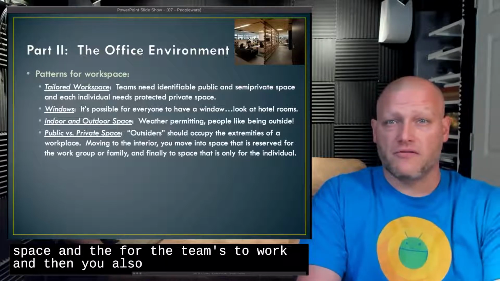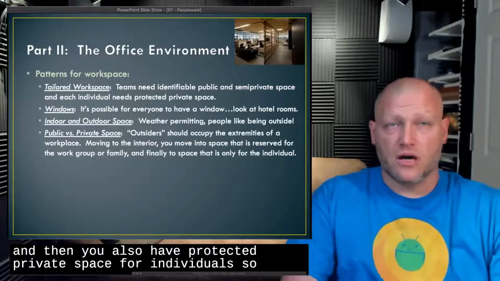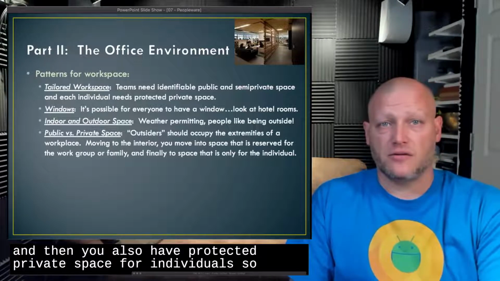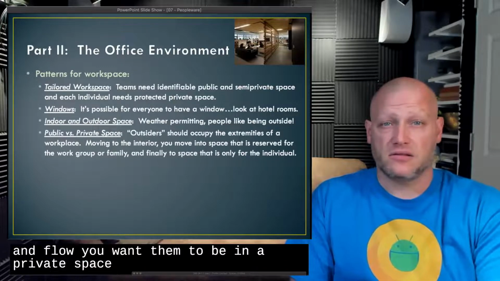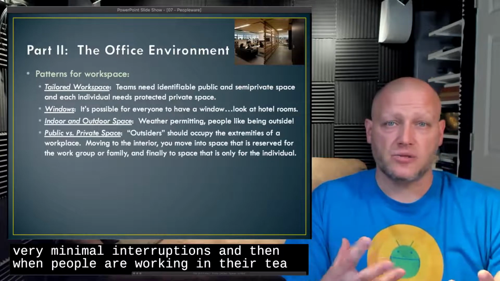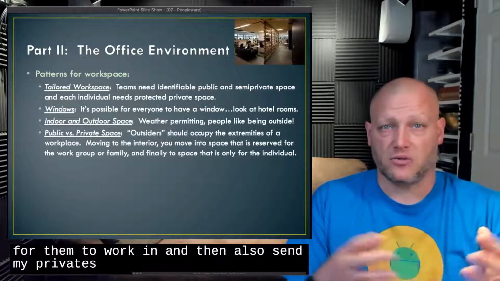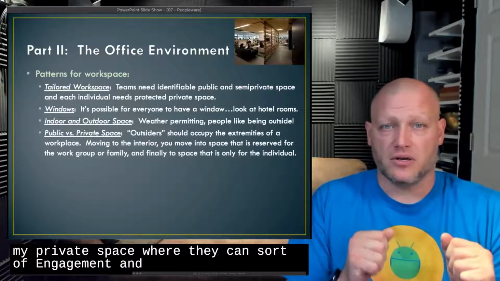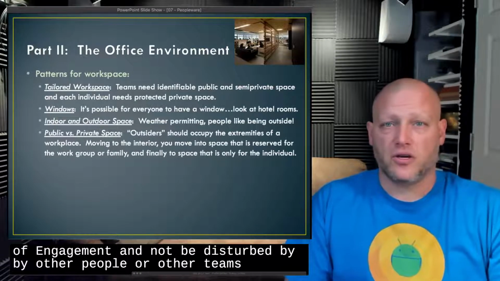And then you also have protected private space for individuals. So when individuals are off working by themselves, presumably they're going to be in flow. You want them to be in a private space that's going to have very minimal interruptions. And then when people are working in their teams, there needs to be both public space for them to work in, and then also semi-private space where they can engage and not be disturbed by other people or other teams.